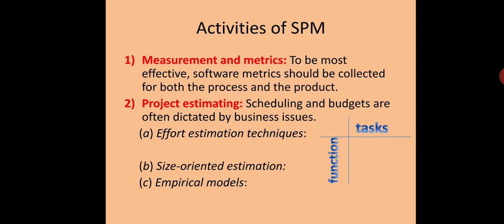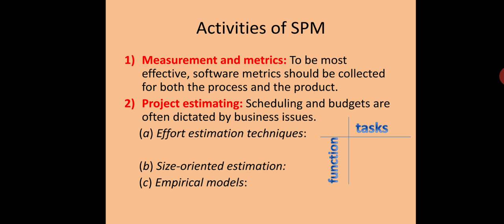Or something called function points. These two metrics, lines of code and function points, we will be studying later in more detail. So right now let's not look into detail at this point in time. These two things are used to measure the size.